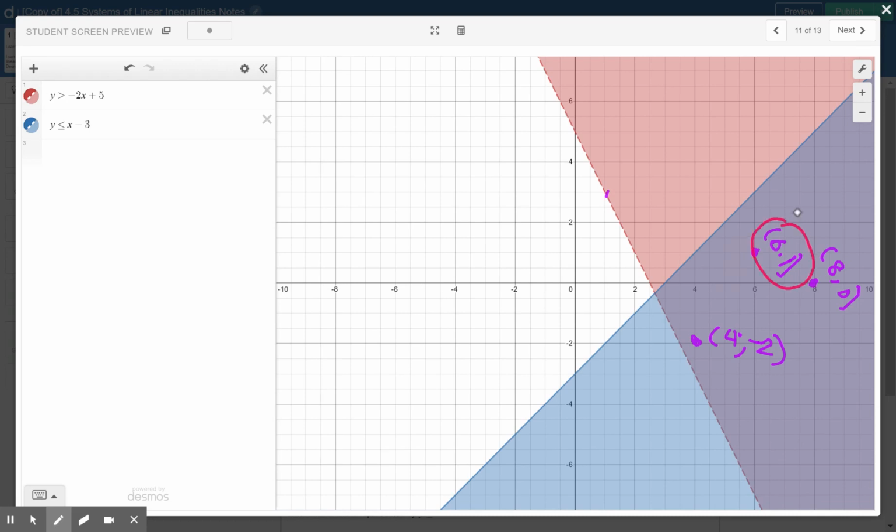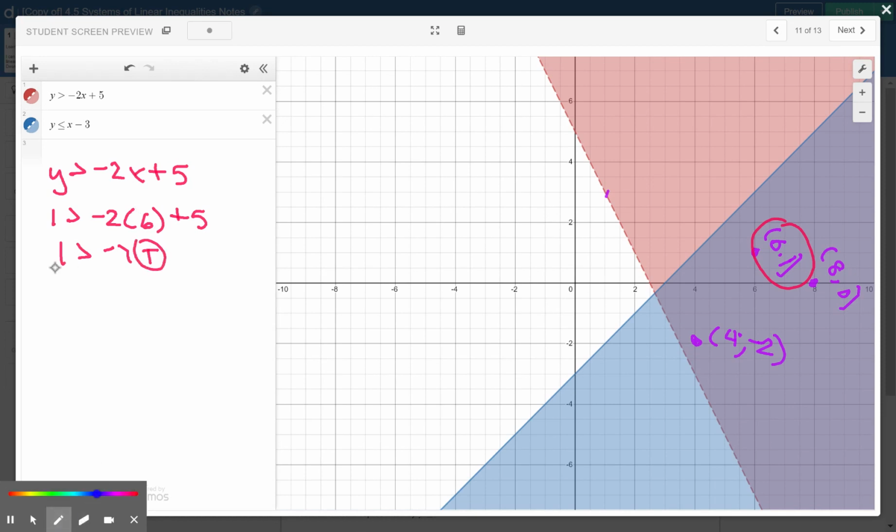For example, 6 comma 1. If I plugged in 6 comma 1 into this inequality, I'm going to get a true statement. One is greater than negative 7. True statement.